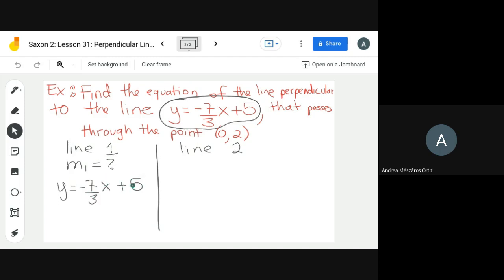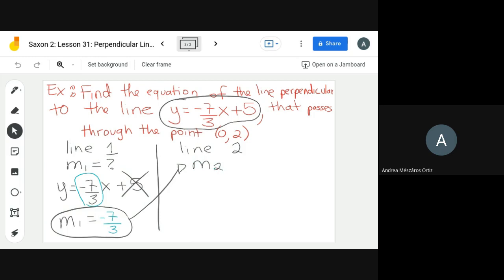What would be the m1 in this case? Well, if you see the equation, the m is going to be this. So that's my m1. And so using that and nothing else, notice that I don't need the 5. Using that, I move here the m1, but deciding what m2 will be.